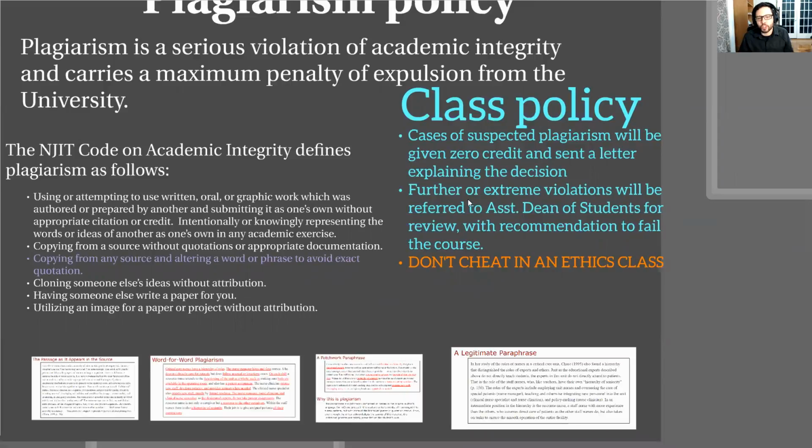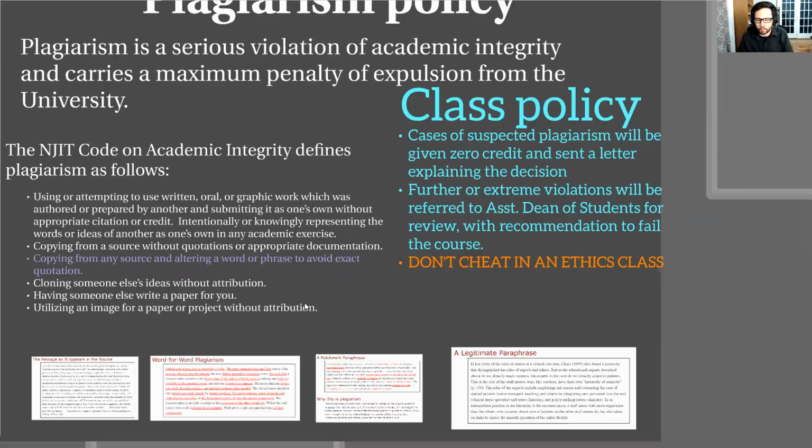If it's worse than that, if it's lots of Wikipedia full copying and pasting, or if you do it on multiple assignments, if I catch you once and send you a warning and then I catch you again, then those violations, in addition to 0 credit, will get referred to the Dean of Students with a recommendation to fail the course.